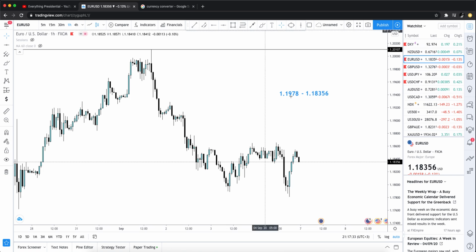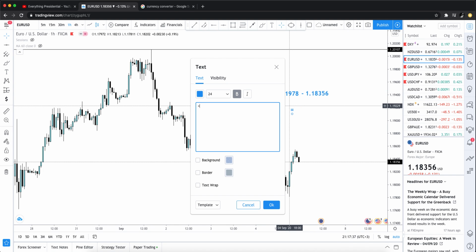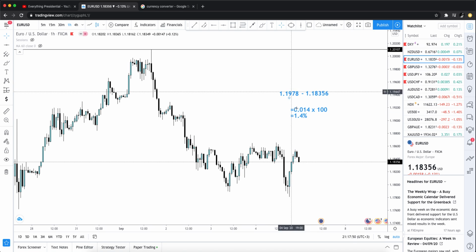So 0.014, multiply that with 100 and you will get 1.4%. So 1.4% is basically the bank's profit in this exchange, right?